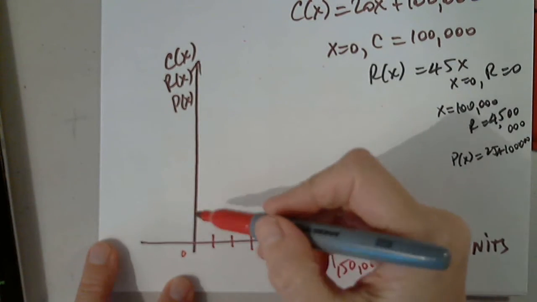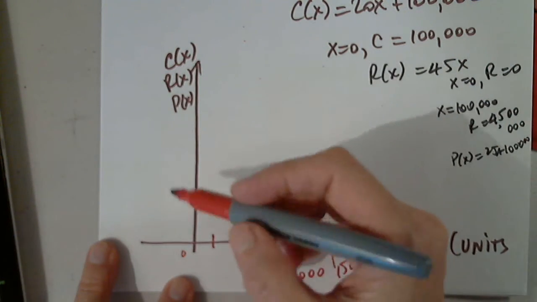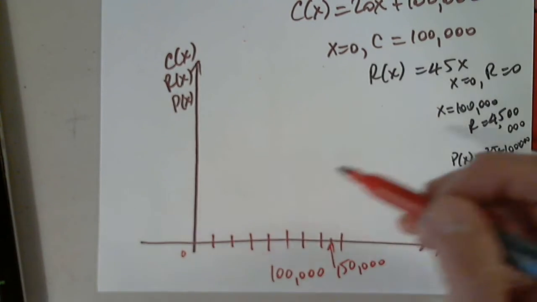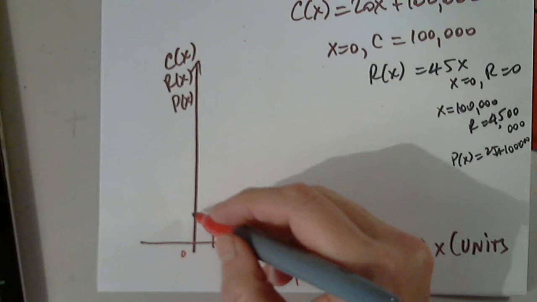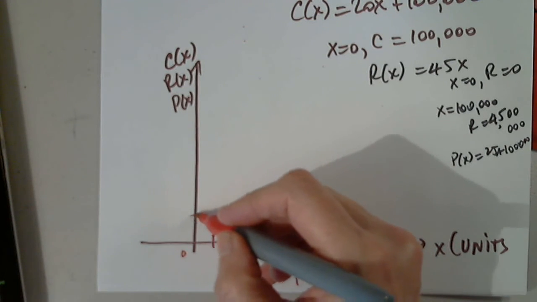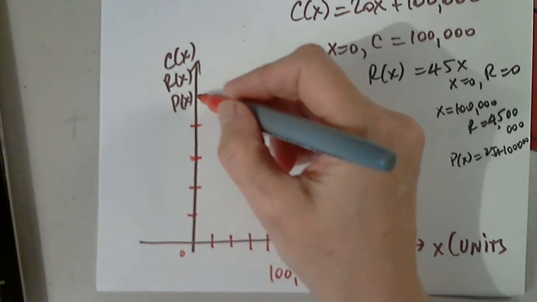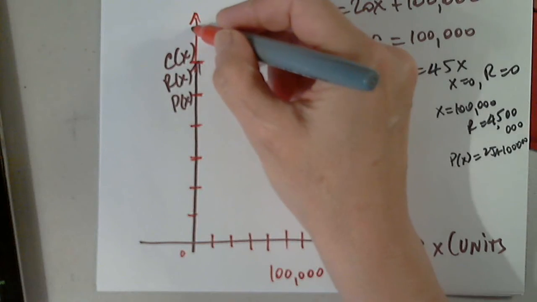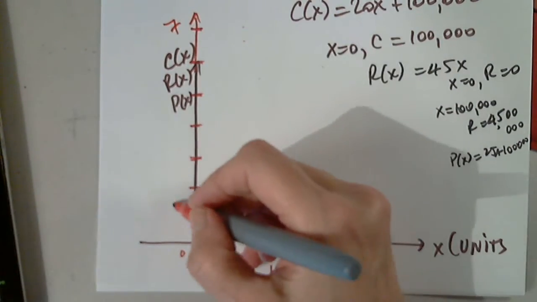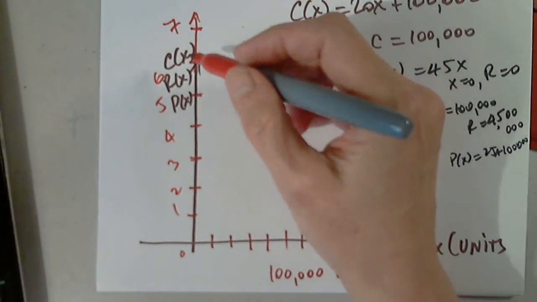So C is 100,000, going to be very small. Okay, so I'm going to say 1, 2, 3, 4, 5, 6, 7 million.